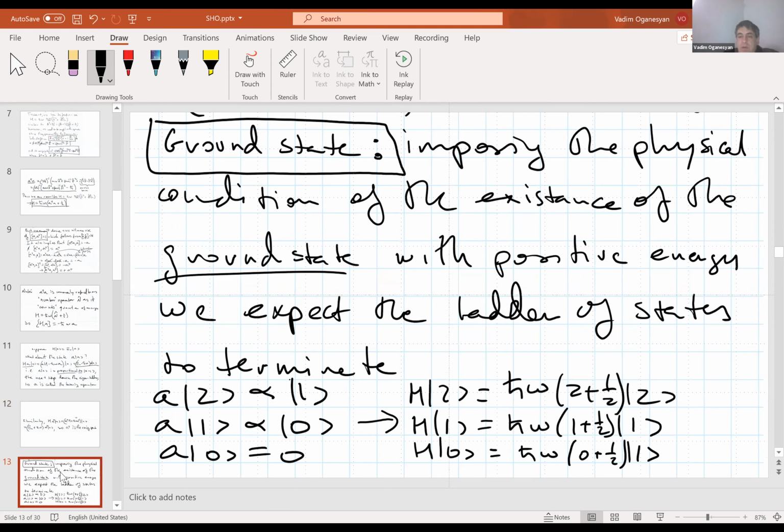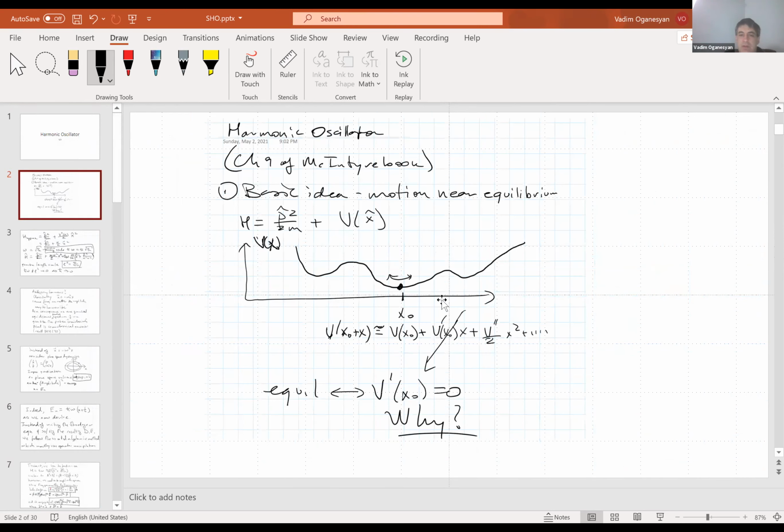Now, just a small but extremely important detour. How big is this ladder? If we go back to here, the physical common sense tells us that there's a ground state. The energy cannot be lower than a certain amount.